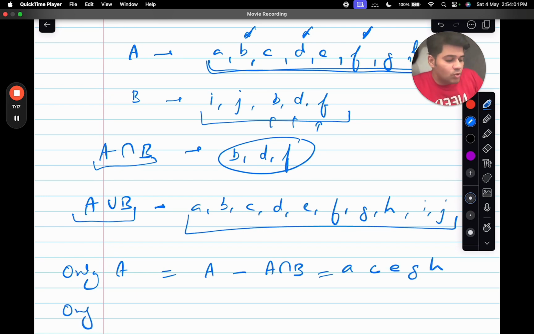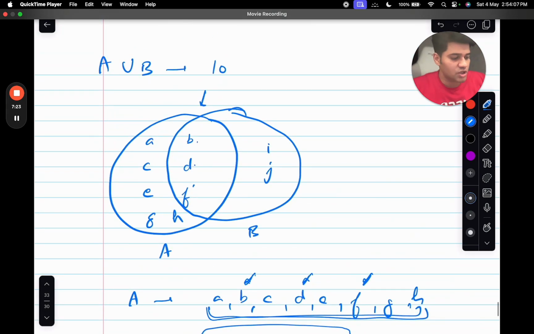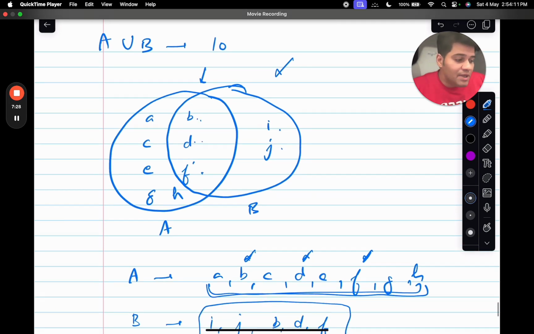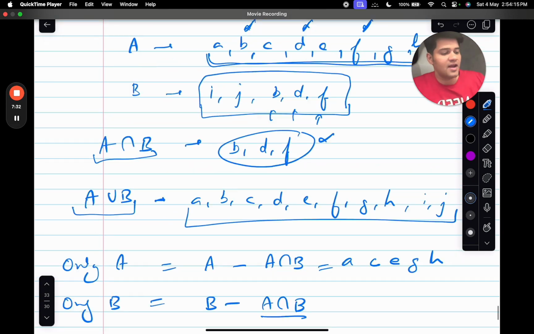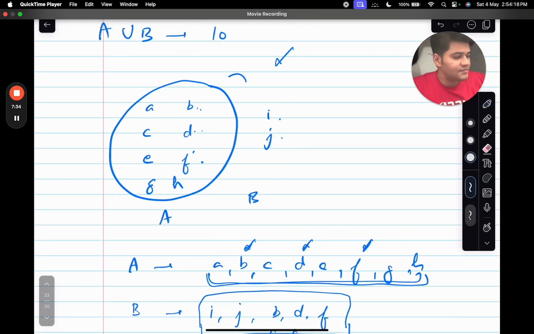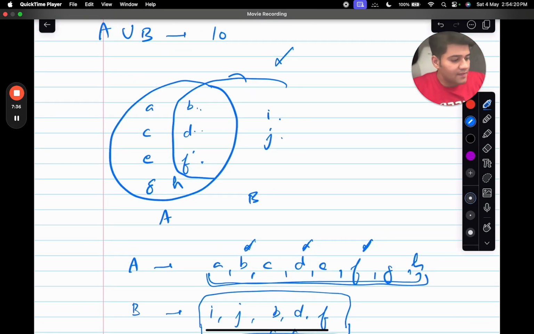Similarly, only B would be represented by B minus A intersection B. So B has I, J, B, D, F, and you can also see it from here. But we do not want the intersection. Only B means only I and J. So the intersection was BDF here, and you can also see the intersection BDF in this diagram. So we would subtract the intersection.